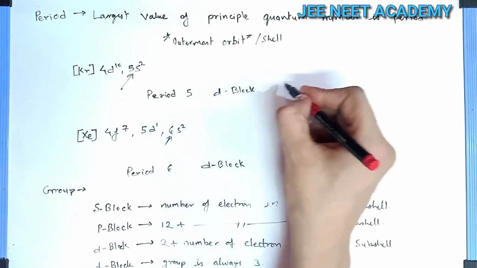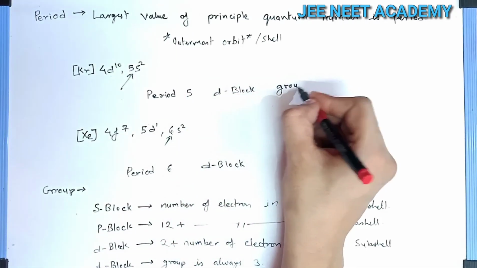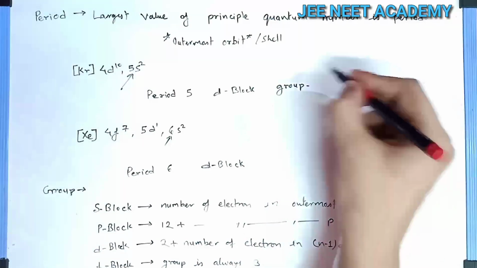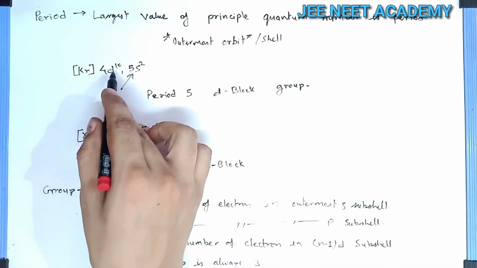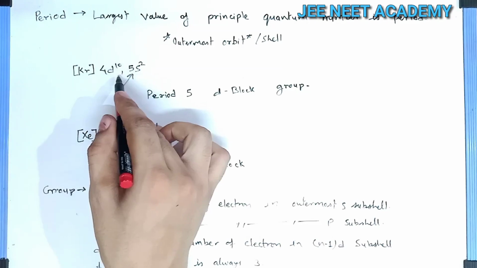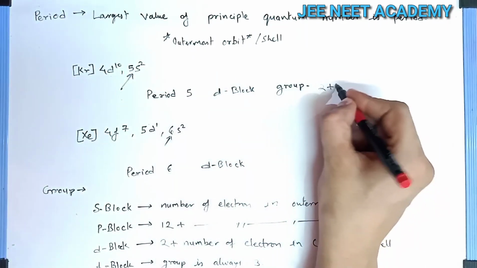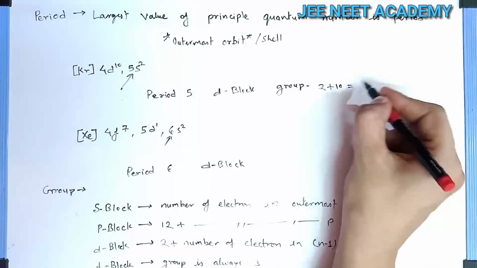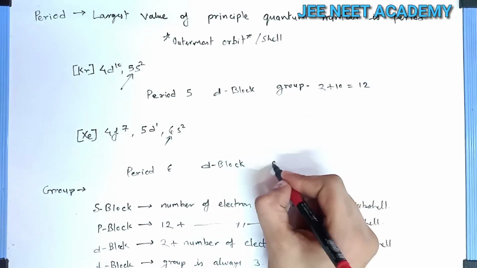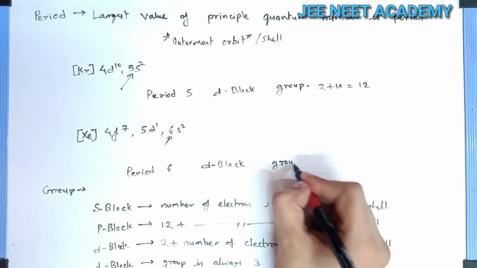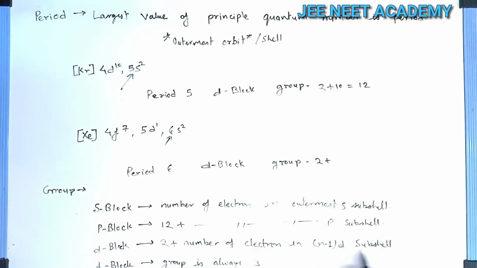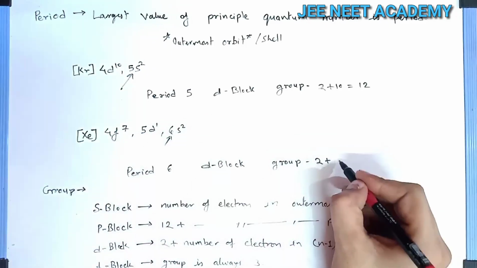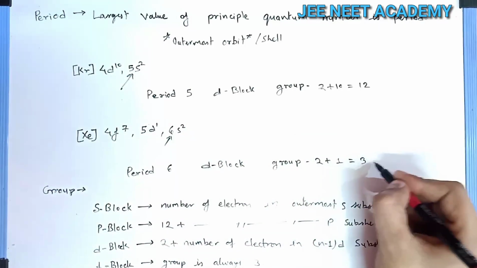Group for D block element: 2 plus number of electrons in n minus 1 D subshell. So total 10 electrons are there in 4d. So 2 plus 10, group number 12. For this, 2 plus number of electrons in n minus 1 D subshell, 1. So third group.